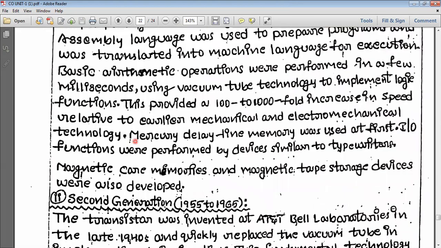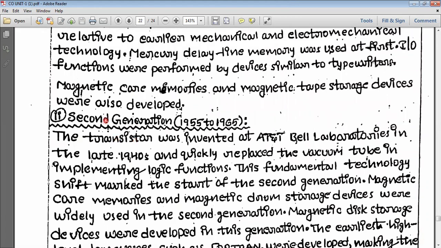Next, the second generation, in the years 1955 to 1965. Here, for manufacturing the computer, we are using transistors. The transistor was invented at AT&T Bell Laboratories in the late 1940s and quickly replaced the vacuum tube in implementing logic functions.